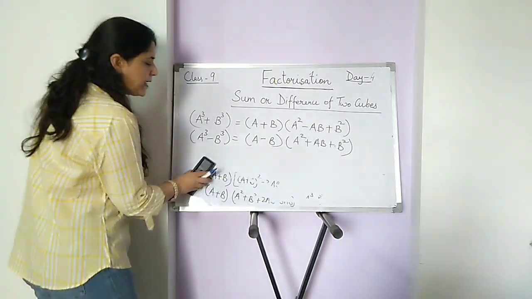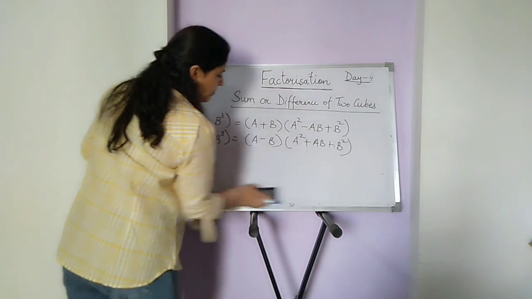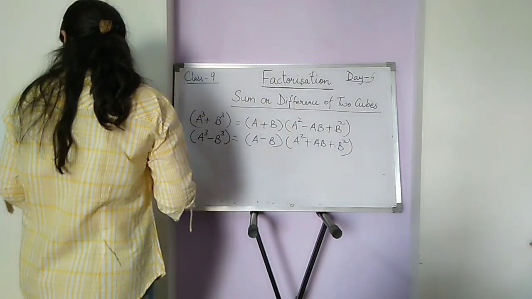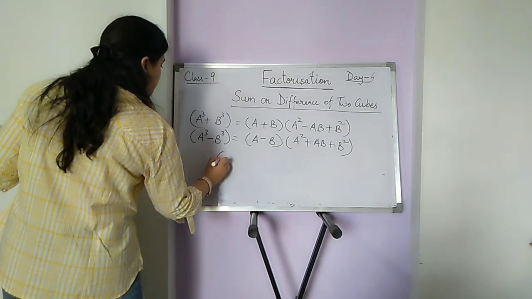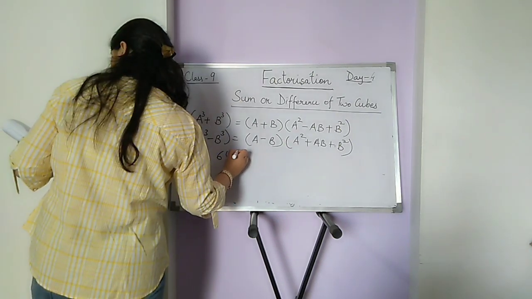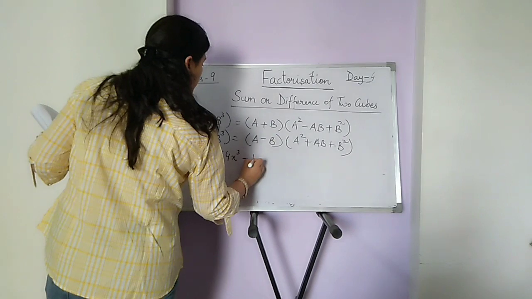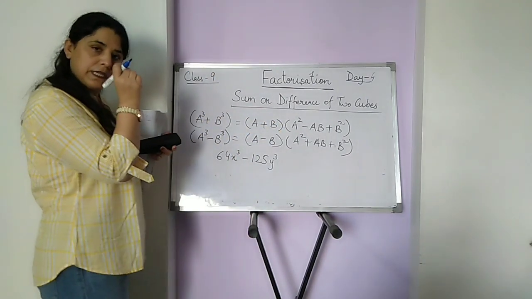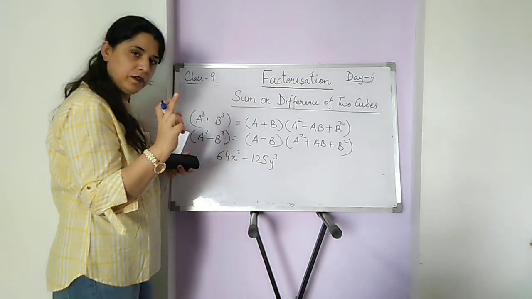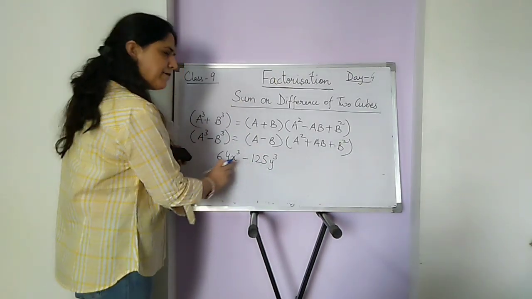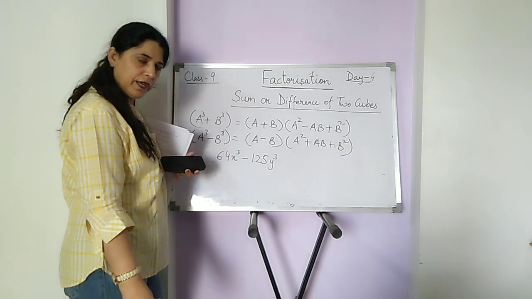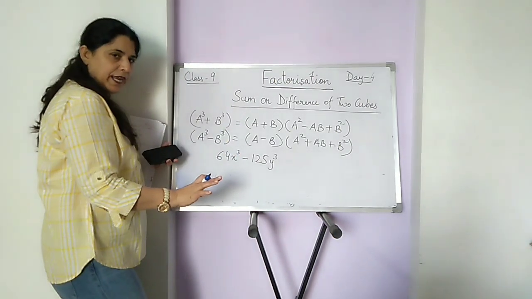Okay, let us take an example here. The first example is a cube minus 64x cube minus 125y cube. Now first let us see, is there anything which is common? What will be the HCF of the terms here? Nothing is common, so we will not take anything out.